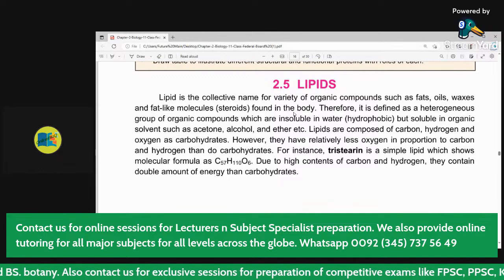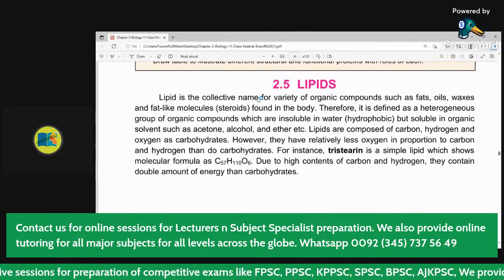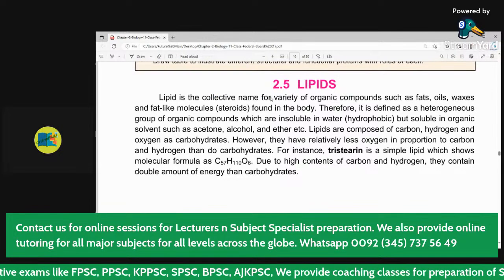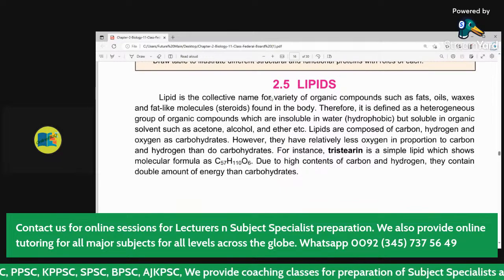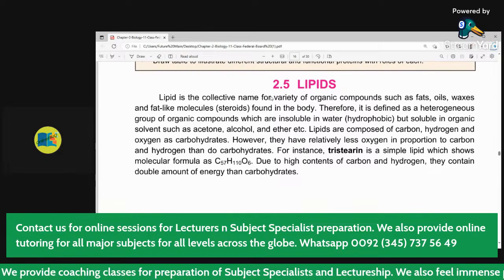So, what we studied is that lipid is the collective name for a variety of organic compounds.